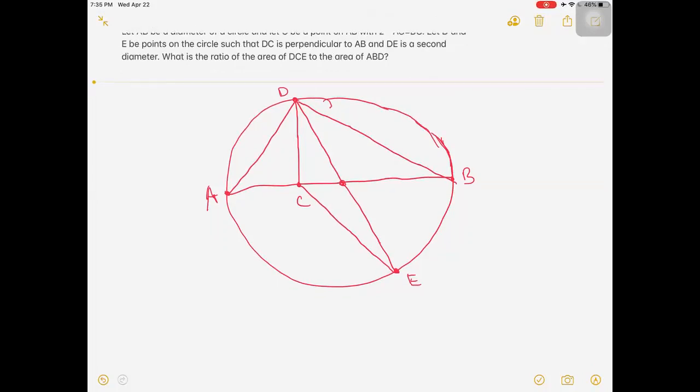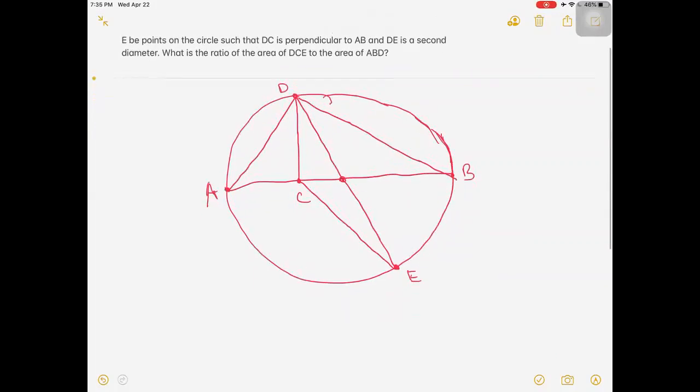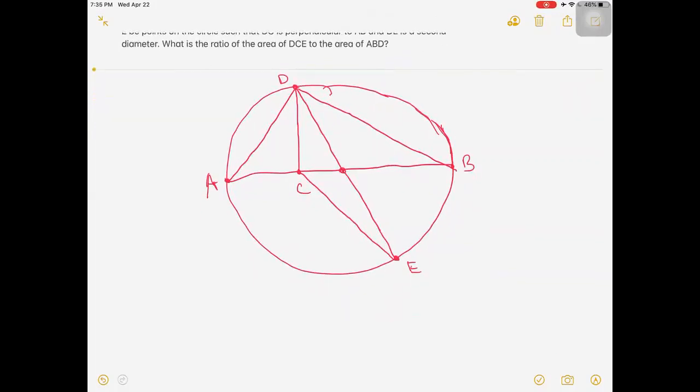Okay, so what we're going to do is we want to try and find the area of DCE and ABD first. And to make our calculations easier, we can assume that the radius of the circle is 1, since it doesn't really affect the ratio, and it helps us compute stuff better. So let's just assume the radius of the circle is 1.